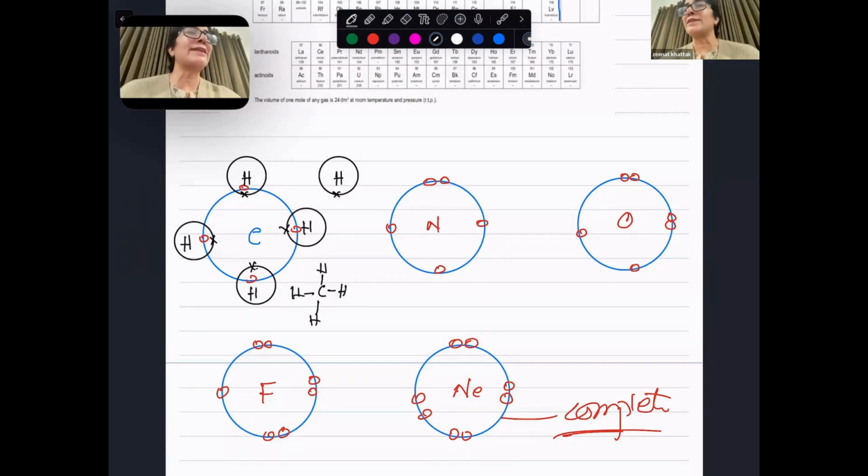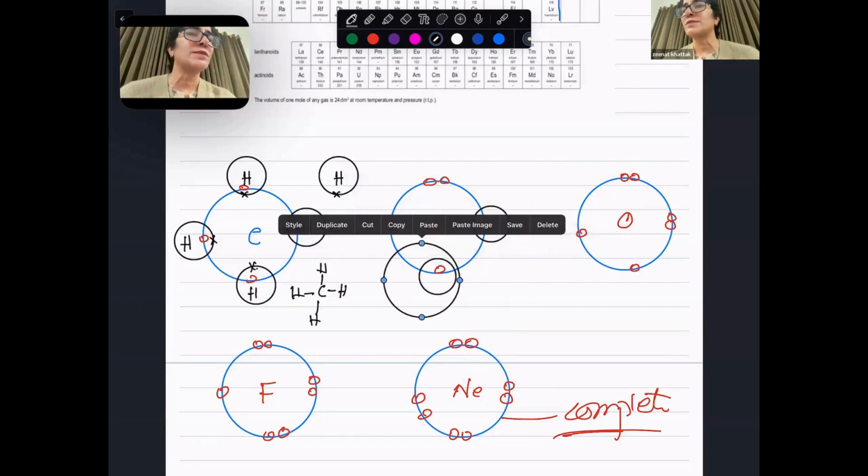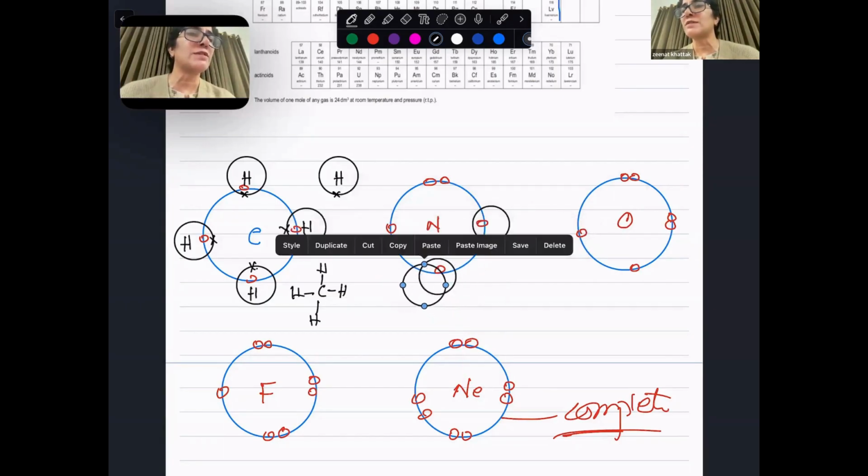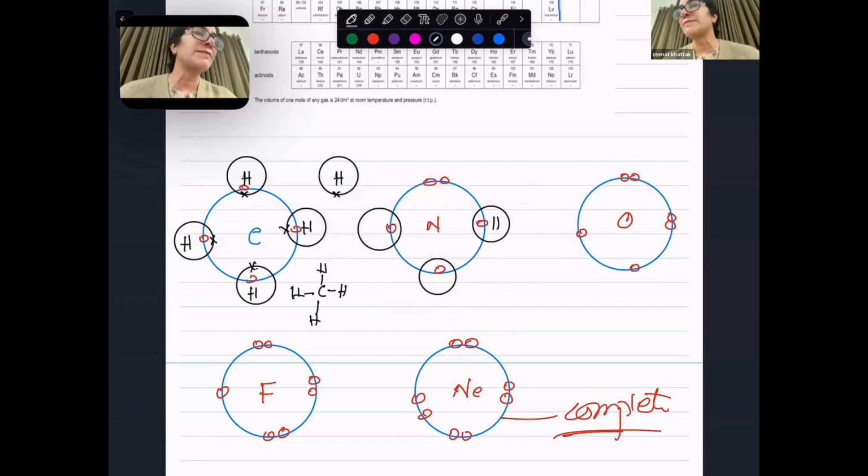Now, exactly, nitrogen shares 1, 2, and 3. Carbon has 4 electrons, so 4 hydrogens. Nitrogen has 5, so it needs 3. So 1 hydrogen, 2 hydrogen, 3 hydrogen makes NH3.